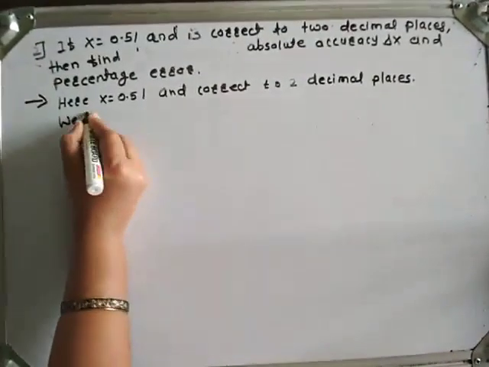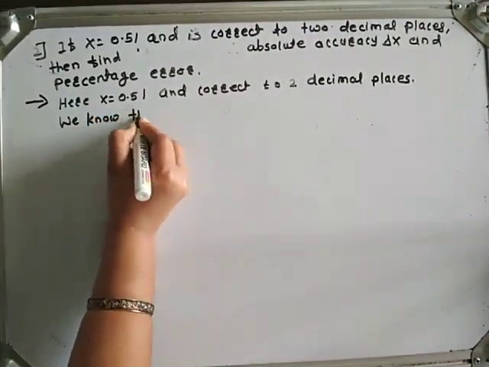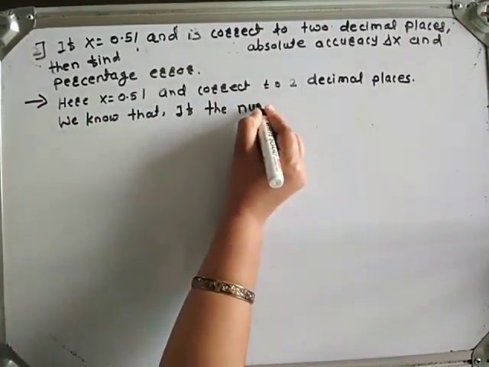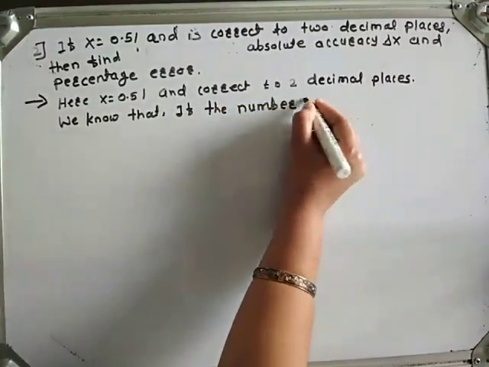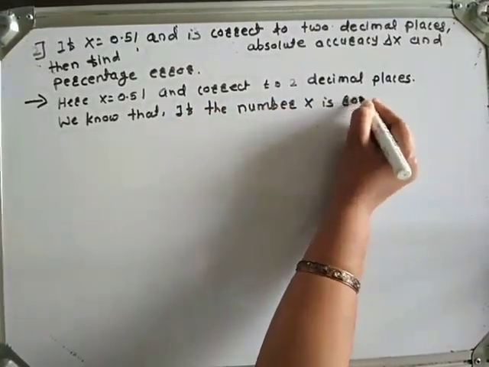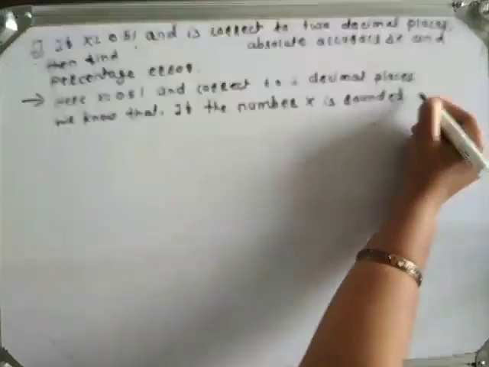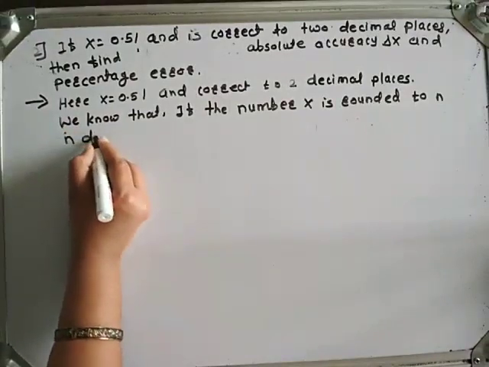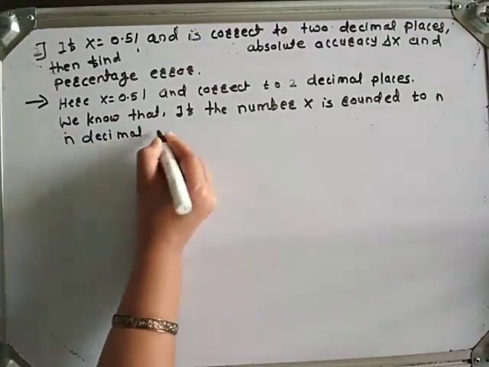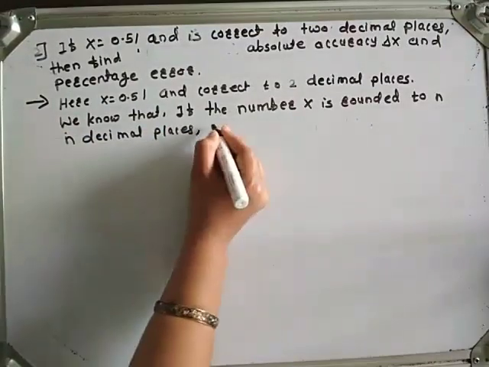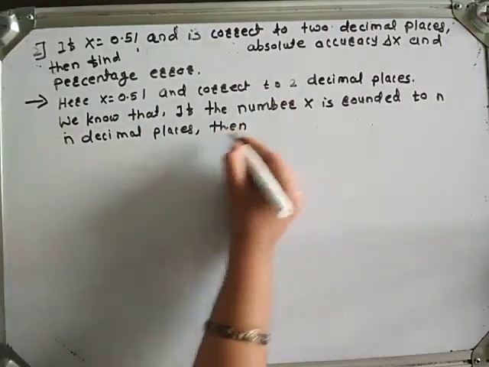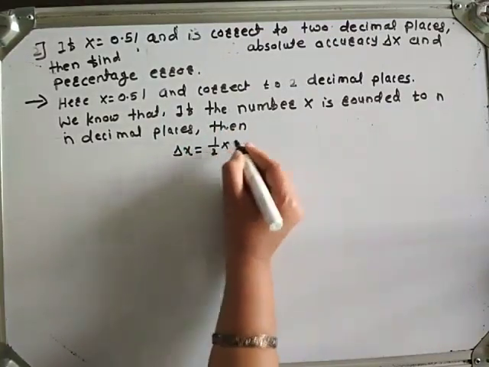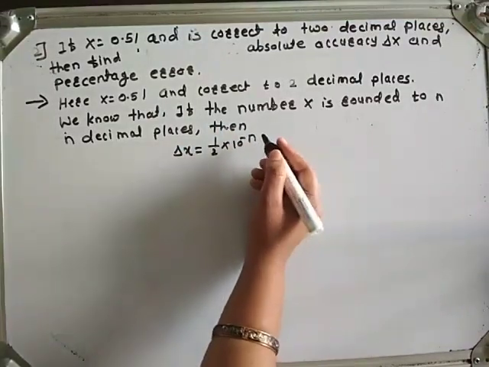We know that if the number x is rounded to n decimal places, then delta x, which is nothing but absolute accuracy, is equals to 1/2 into 10 raised to minus n.